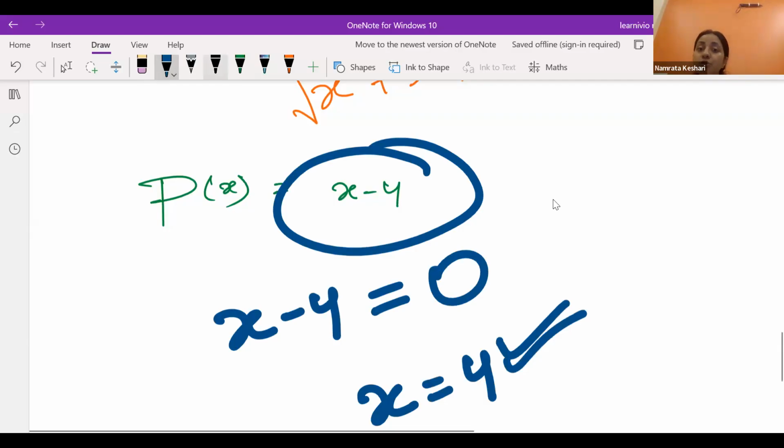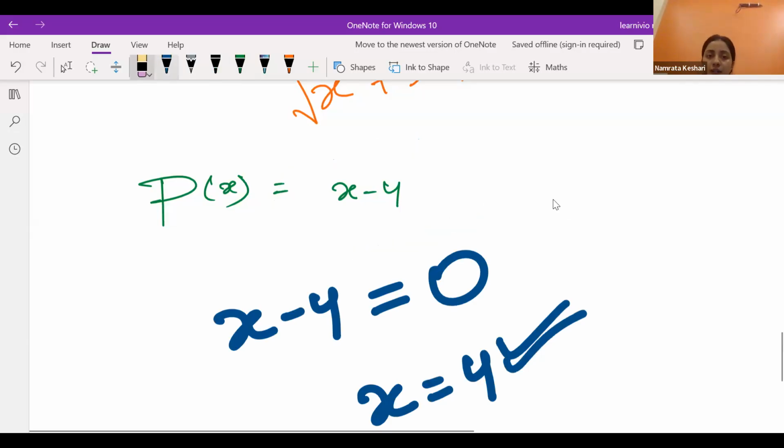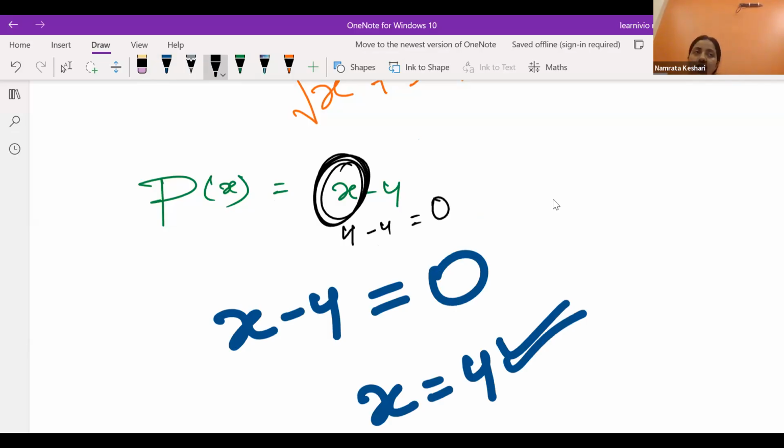Now you also need to feel this zero, that means understand the meaning of the zero. Once we substitute this x as a positive 4, the whole thing will become zero. That's the meaning of the zero. Such an x value you were finding which makes your polynomial zero. That's the meaning of the zero of the polynomial.